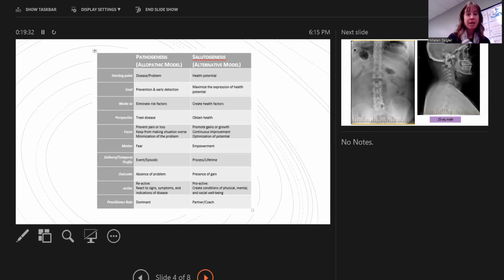The goal is to maximize expression of health potential, create health factors, obtain health, promote gains and growth, improvement, optimize your potential, and empower somebody to take responsibility to change. And it is something that happens over a lifetime. It is something we are continually working on.